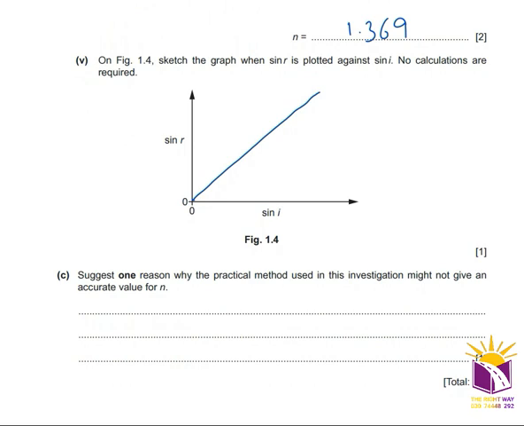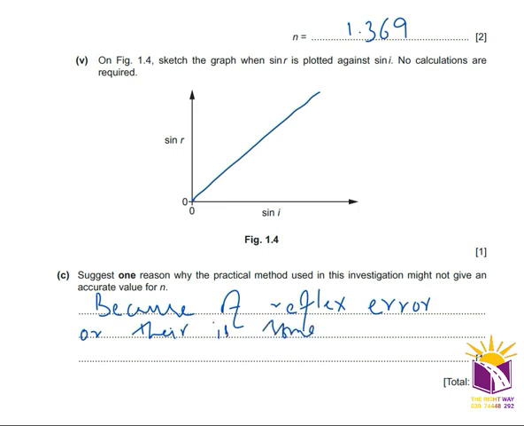Suggest one reason why the practical method used in this investigation might not give an accurate value for n. Because of reflex error, measuring the angle of incidence and angle of reflection could cause the error, or there is some refraction due to the plastic box or plastic container.